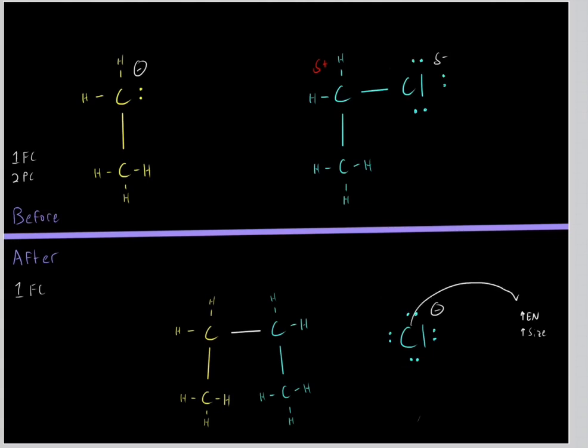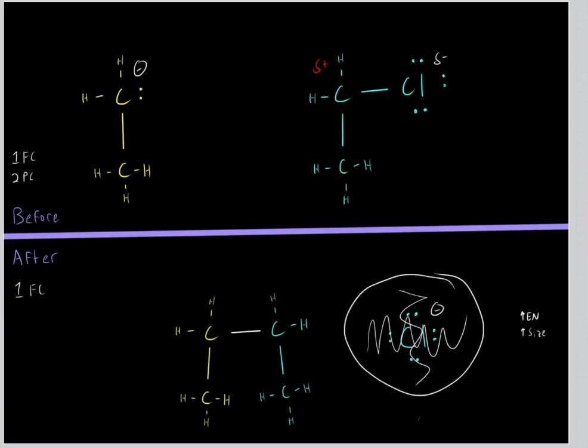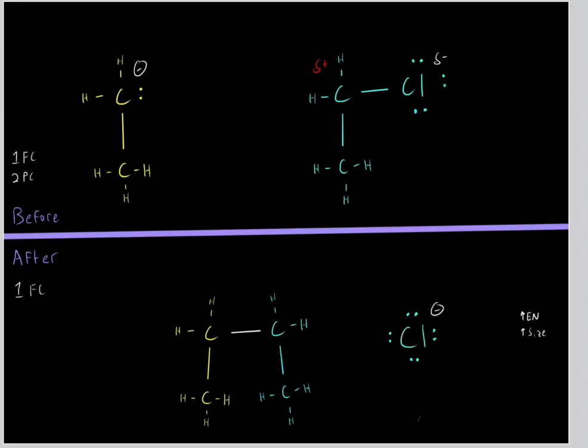Why? Well, again, chlorine is more electronegative, so it likes negative charge. And not just that, chlorine is a lot larger. It has a larger ionic radius, so this formal charge of -1 is delocalized around a larger atom. So that formal charge of -1 is spread out over a larger atom, so it's less charge density. That charge is spread out through a larger volume, so less charge density. So now we can see why these after conditions are more favorable.